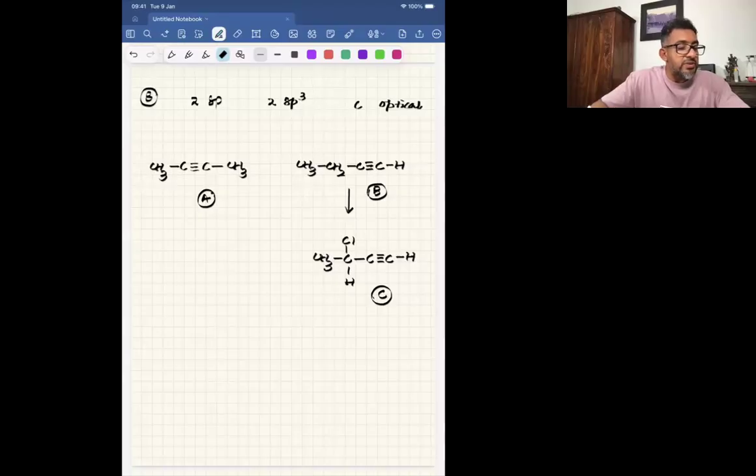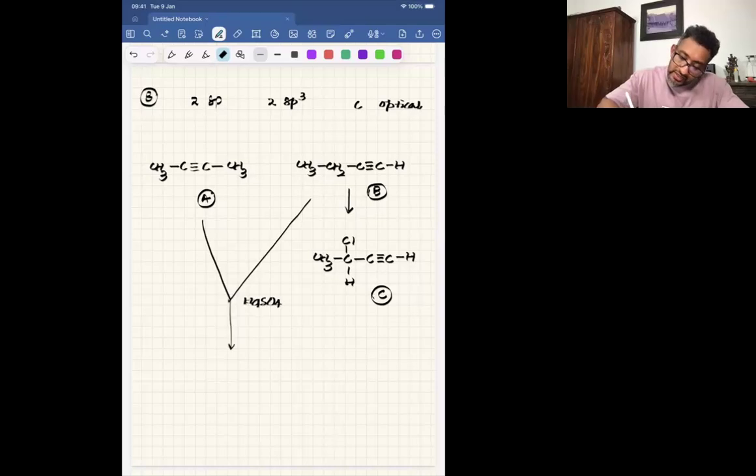C shows optical isomerism. When A and B are reacted separately with a mixture containing water, mineral acid, and catalyst Y, D is obtained. So if you do this with HgSO4, H2SO4 at 60 degrees, mineral acid means that. What is D?